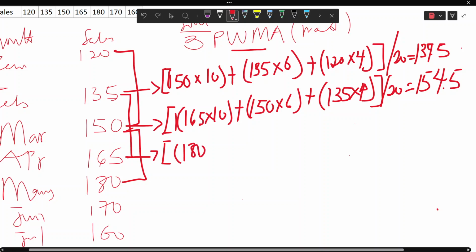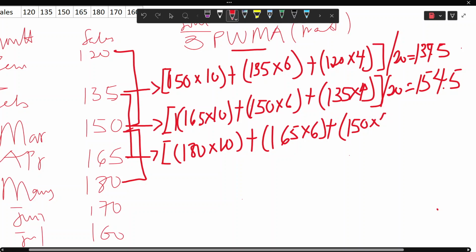The most recent data is 180 times 10 plus 165 times 6 plus 150 times 4, all divided by 20. 180 times 10 plus 165 times 6 plus 150 times 4, all divided by 20, gives 169.5.